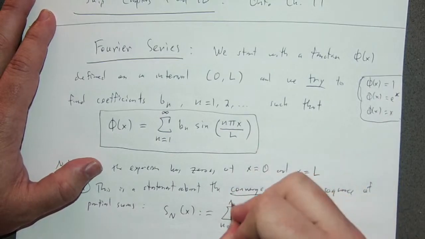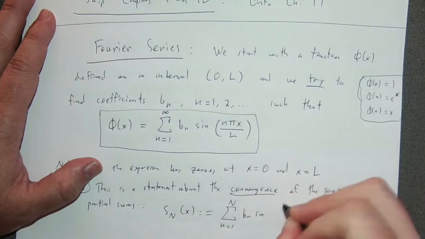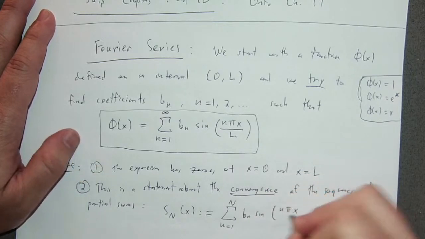So this is n equals 1 to big N of b sub n sine of n pi x over L.